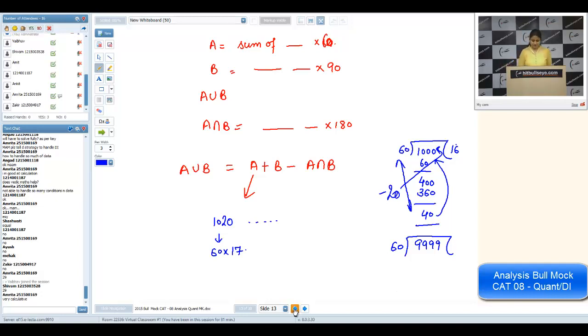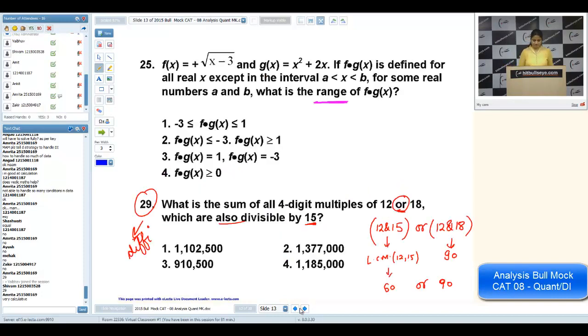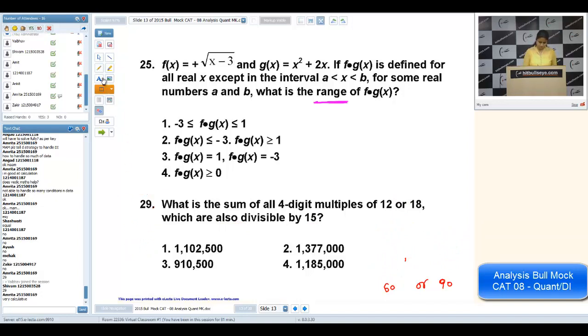One tip I want to share with you. When I saw this question, of course that tip didn't help me, but sometimes when you see a question, it should come to your mind. We need all those numbers which are divisible by 15, as you can see here.